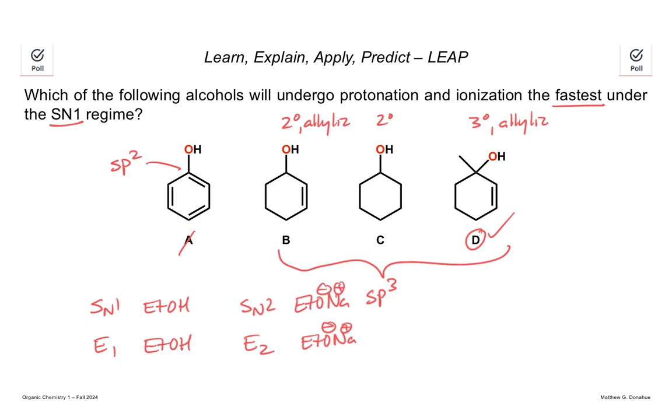Where it gets dicey really is when you have these bases. With SN1 and E1, things will always be neutral. But then SN2, E2, where it gets dicey is now you have this thing, sodium ethoxide. That can act as a nucleophile, but most generally these are bases. And so to answer your question, this is going to go after a hydrogen to abstract it rather than a substitution, which it would do in SN2.